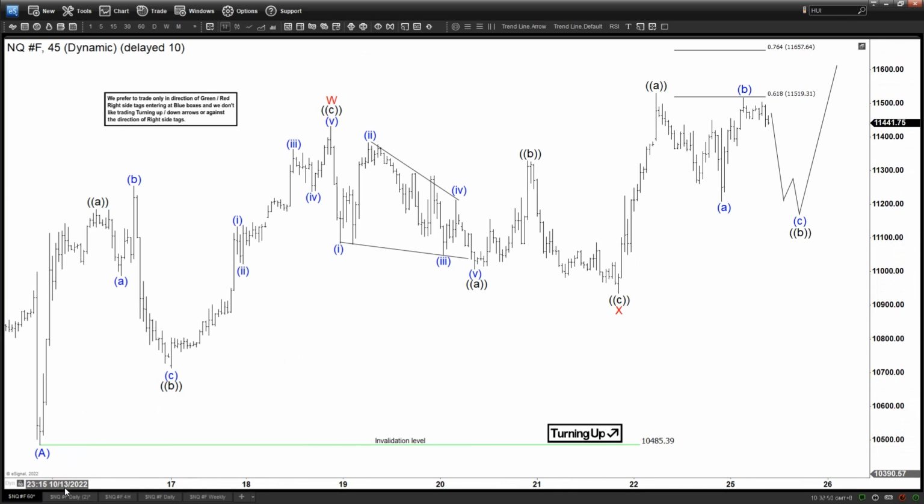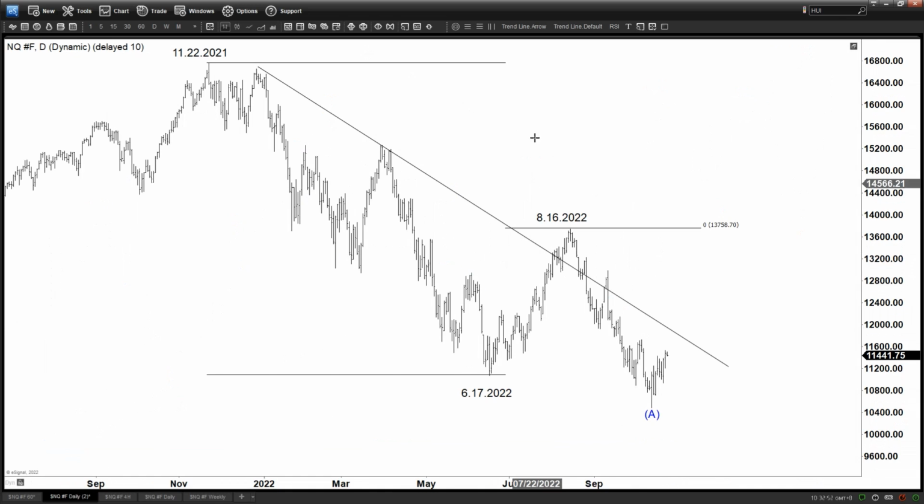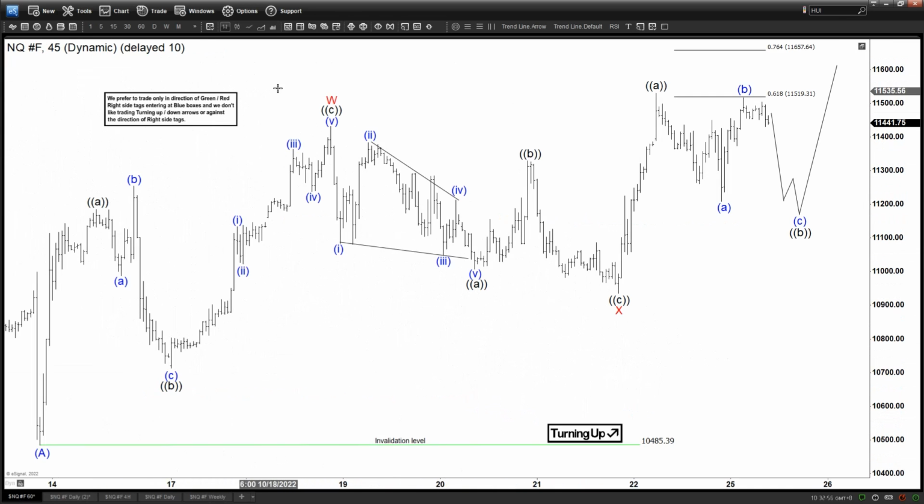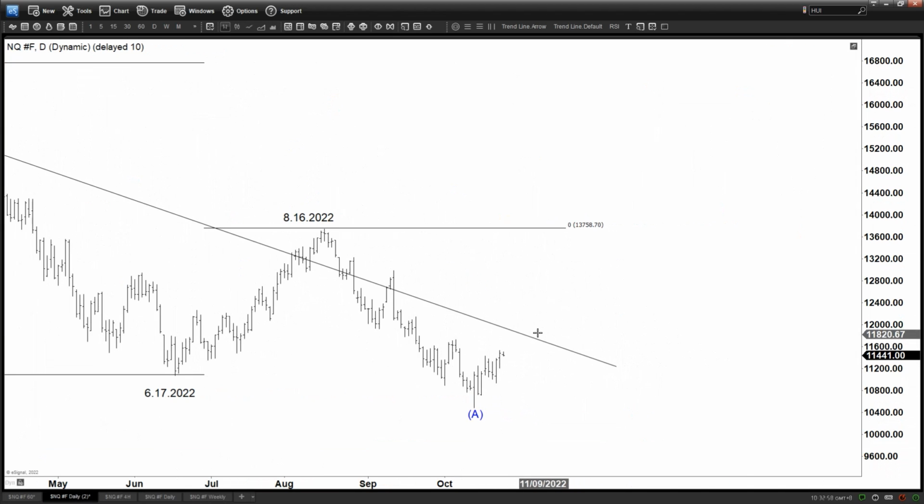So here, assuming we can really go to a full target on the upside, what will be the target? If you look at the daily, from the A, if I copy in the W and the X, it will be here. This is the W and X. So if we can go to a full target on the upside, then that will be somewhere like a WXY here from the lows, something like this.